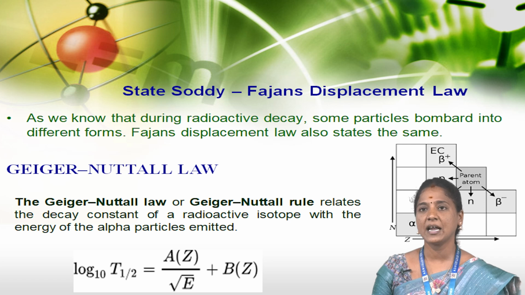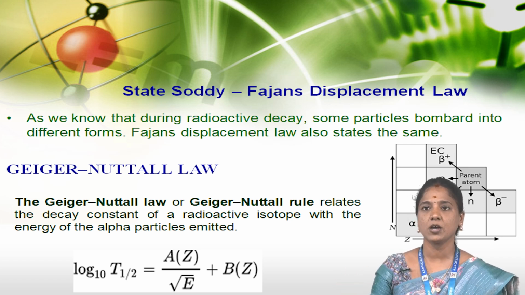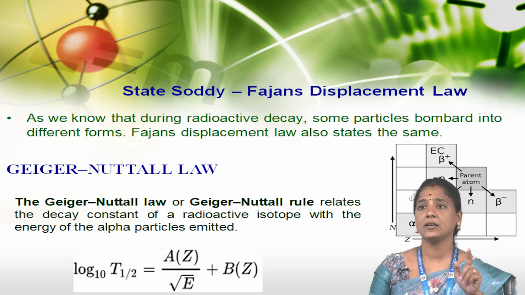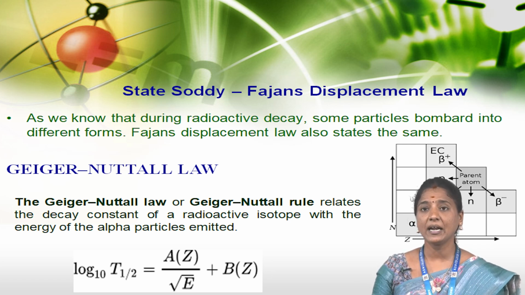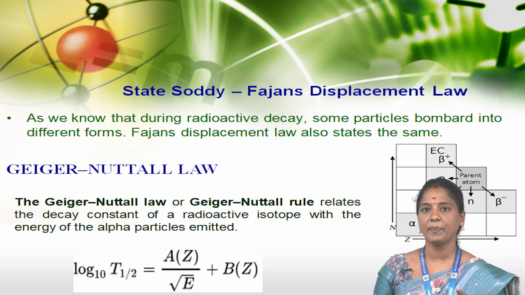In alpha decay, an element is created with an atomic number less by 2 and a mass number less by 4 than the parent isotope. In beta decay, the mass number remains unchanged while the atomic number becomes greater by 1 than that of the parent isotope.